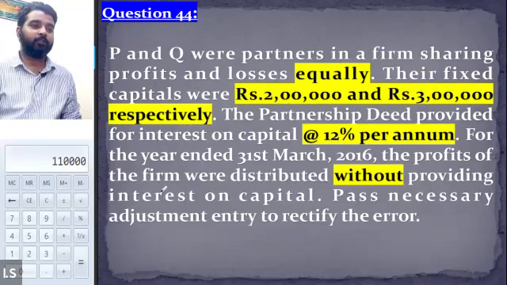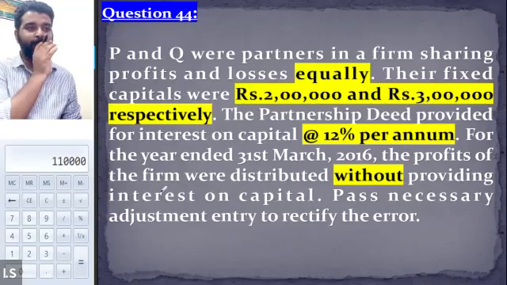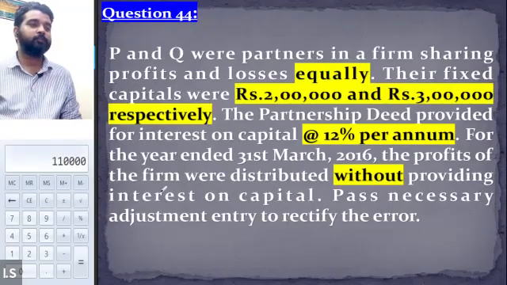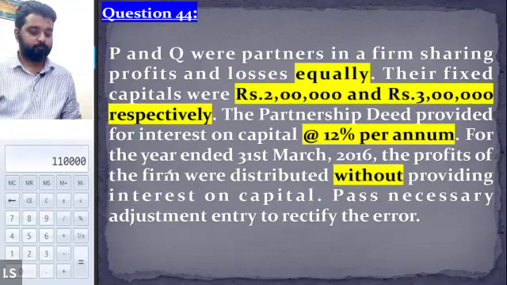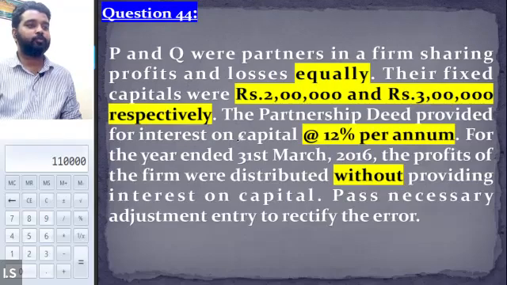But during the year, the profit was distributed among the partners without taking into consideration the interest on capital. Without crediting the interest on capital to the partners' accounts, we have divided the profit among the partners. So this is the question, and we need to pass the journal entry to rectify this issue.